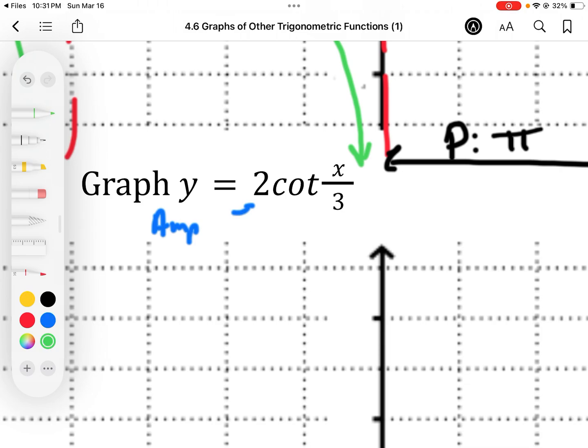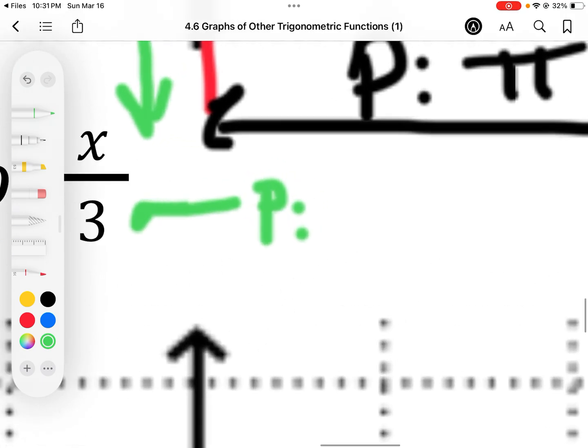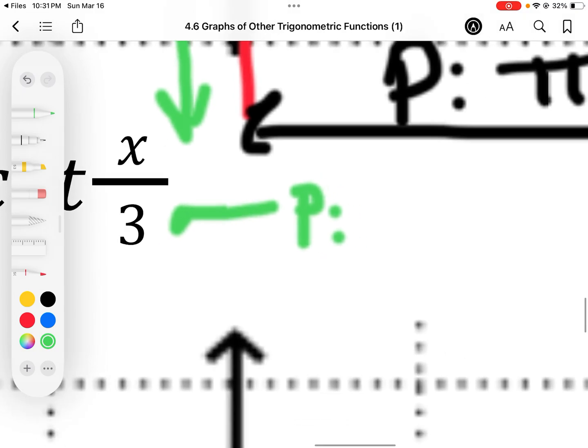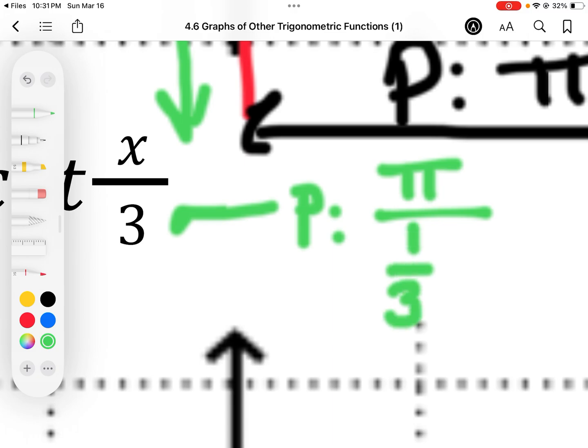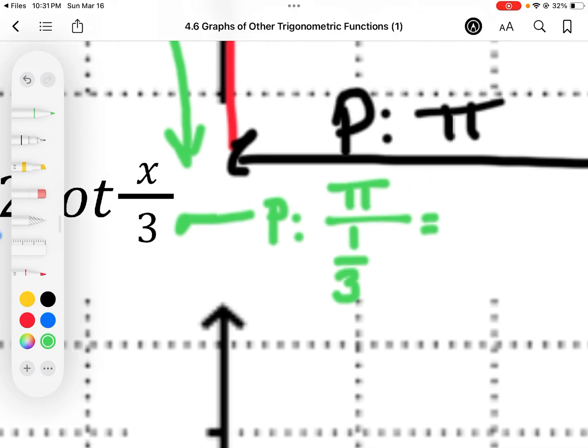And we see here we also get a period change. How does my period change? I take my normal period length for cotangent, which is pi, and I divide by the number multiplied by x. And the number multiplied by x is 1/3.